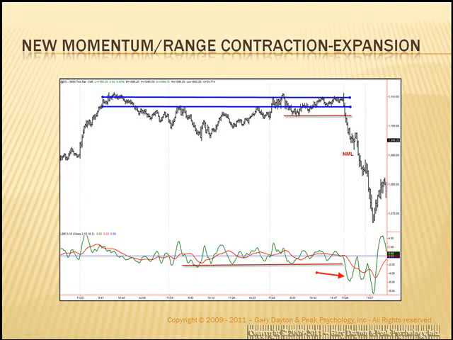But that's not really part of this. I'm not going to talk about that too much, because that's going to go off on a tangent, which I don't want to do tonight. All right, any questions on range expansion, range contraction, NR4s, NR 7s, inside days?